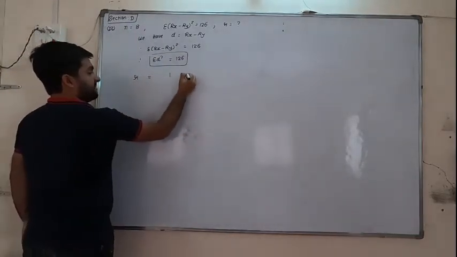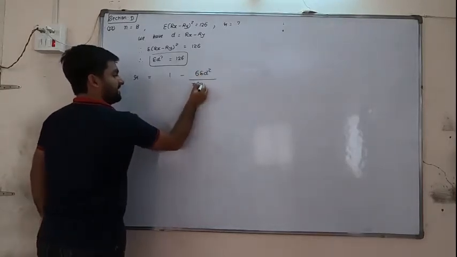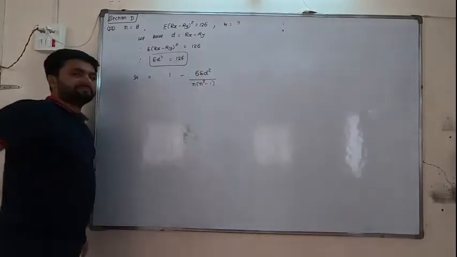Now r is equal to 1 minus 6 sigma d square upon n in bracket n square minus 1.